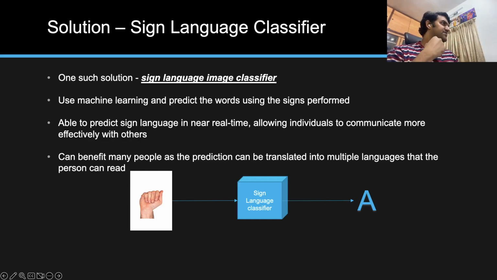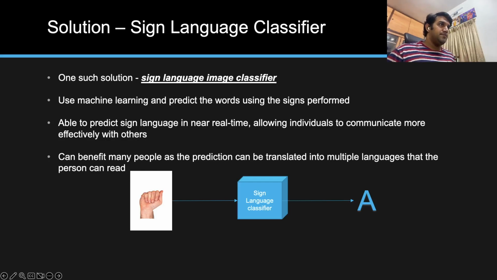It can benefit many people, as sign language is a universal language. So if you are doing sign language in one form and they want to know the meaning in some other language, like French or German, we could just translate the meaning being conveyed to German text or French text.